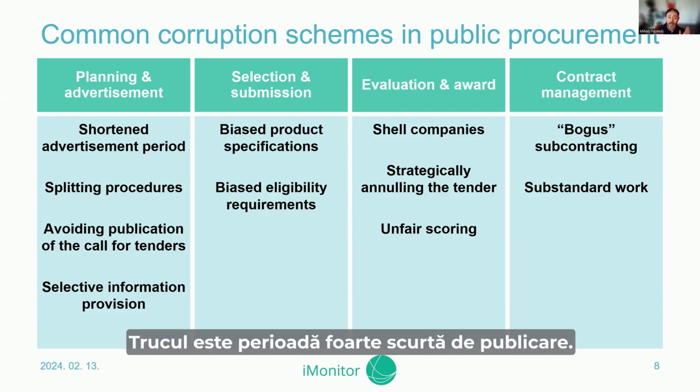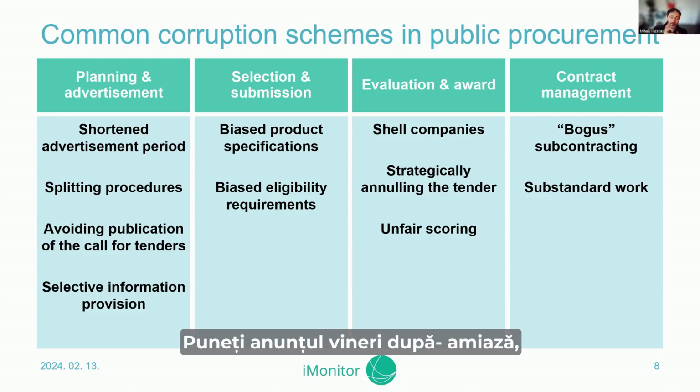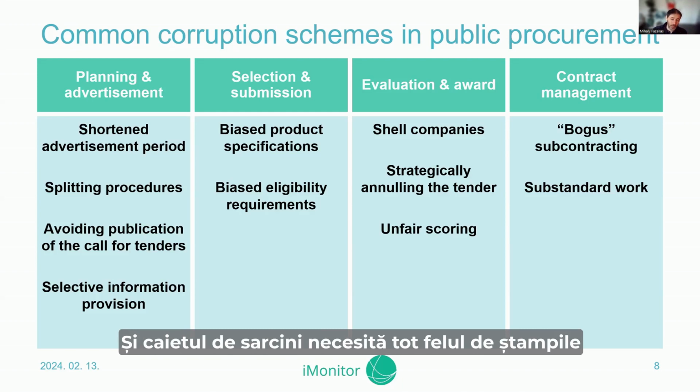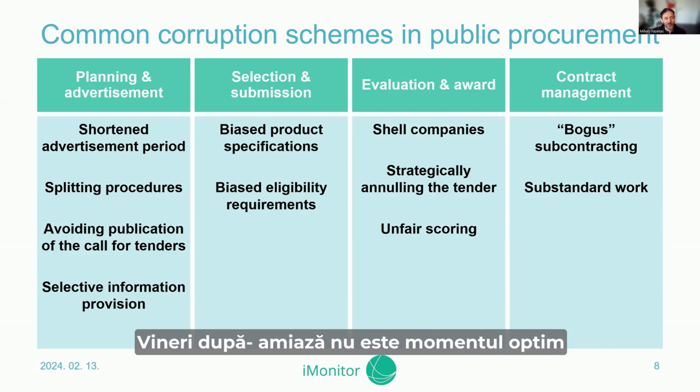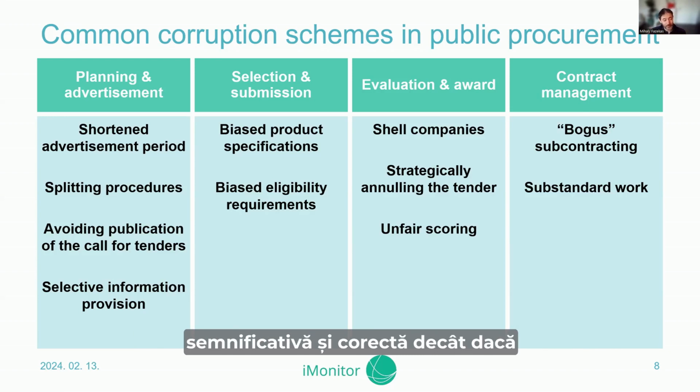The trick is to advertise very short. You advertise Friday afternoon, the deadline is Monday morning, and the specifications require all sorts of official stamps and documents which cannot be obtained without going into public office. In most countries, Friday afternoon is not the high time of public bureaucracy. So basically, you don't have any chance of getting together a meaningful and correct bid.